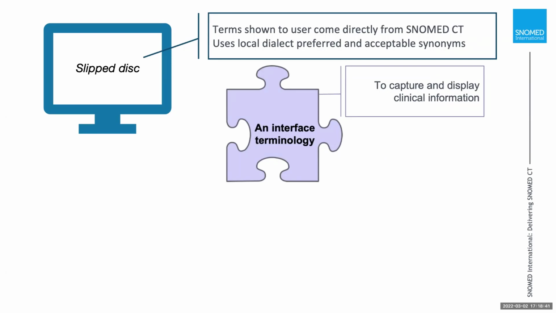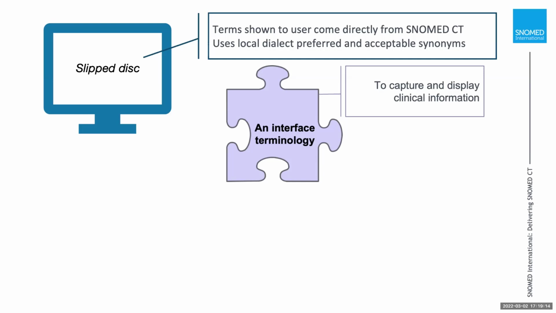So you don't have to create that map between your legacy terms and SNOMED CT, but you can use the descriptions that you have embedded into your edition of SNOMED CT. And this enables both local dialect and national terms to be represented, and you can also specify the preferred and acceptable synonyms in a specific scenario.